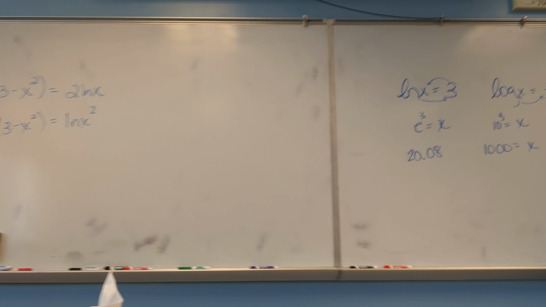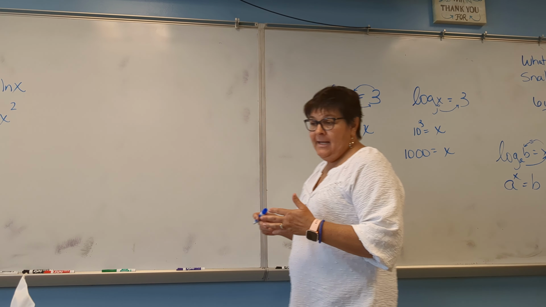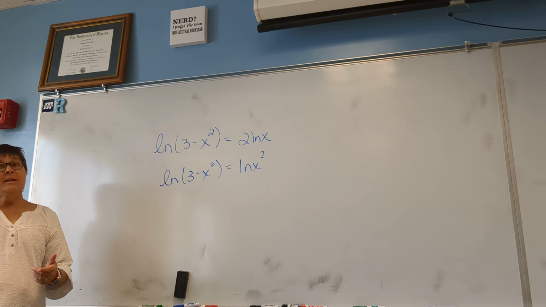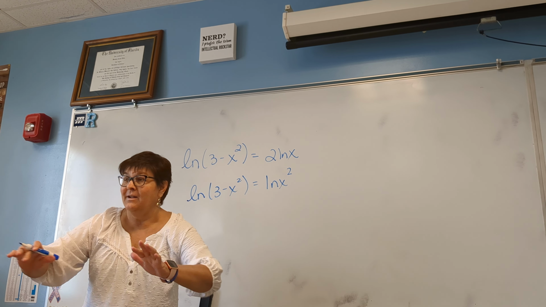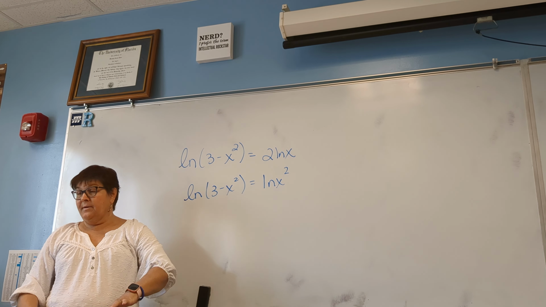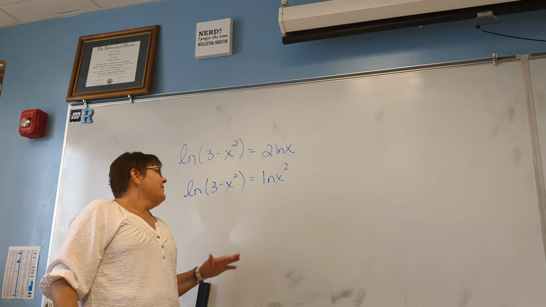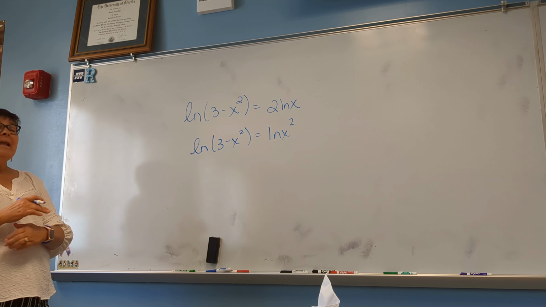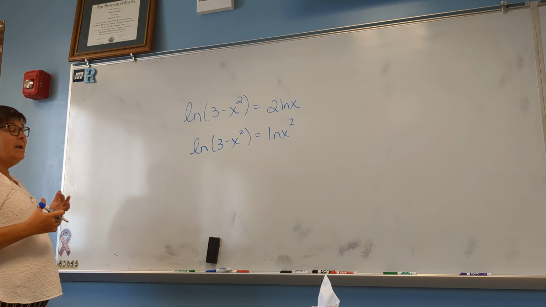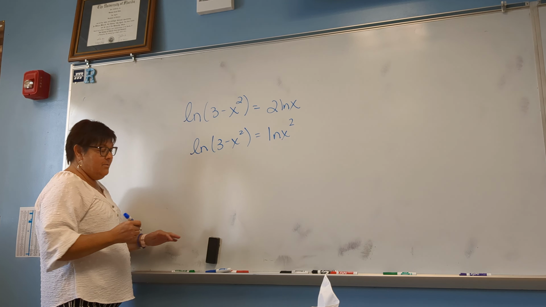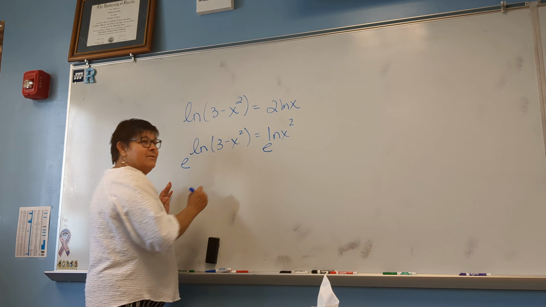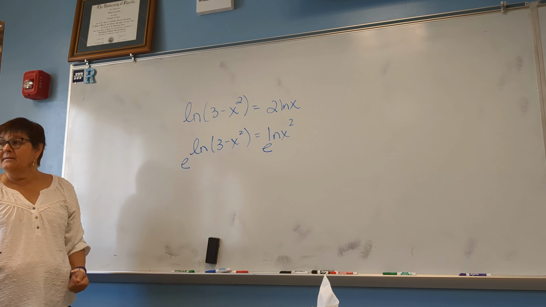E, okay? A minute ago we used natural logs to get the x out of the exponent. This time, I want to get rid of the natural log. So the way I get rid of the natural log is we E it.